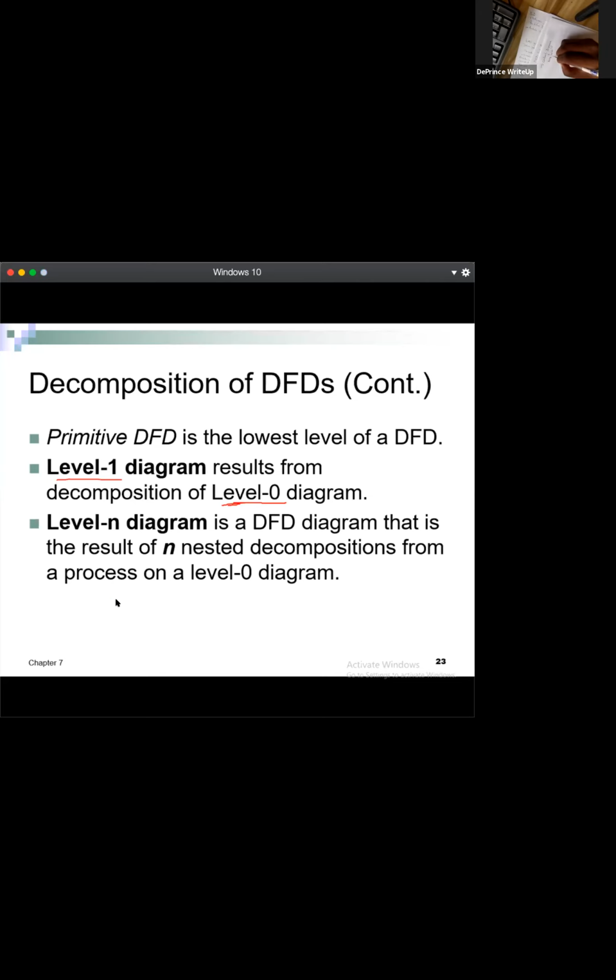When you functionally decompose level 0 DFD, you have DFD level 1. It goes on and on until DFD level N, depending on how many processes, 10, 20, depending on how many processes you think you can break it down into, all right?